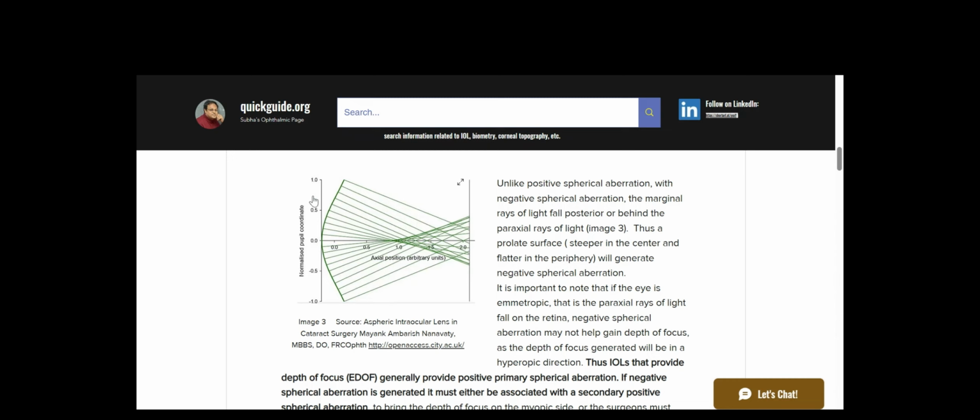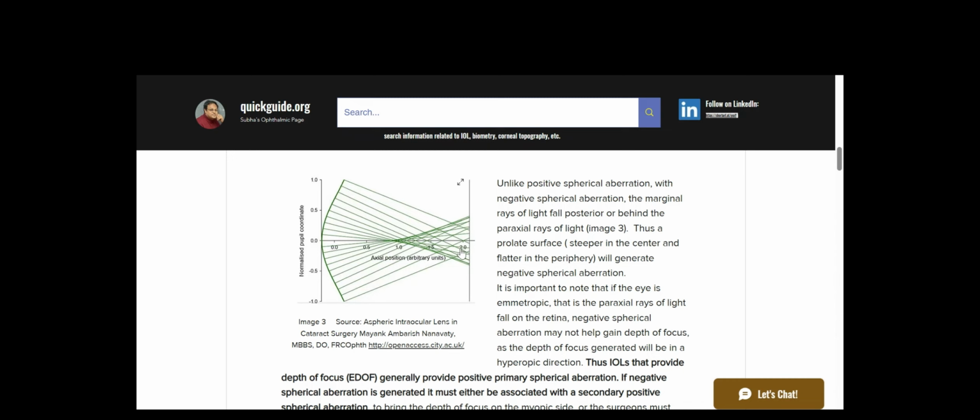The rays of light that pass from the margin of the eye will actually fall behind the focal point. The focal point here is basically where the paraxial rays of light fall. Paraxial rays of light are rays which are very close to the optical axis of the lens, or in the center part of the lens. So with negative spherical aberration, the rays of light are falling behind.